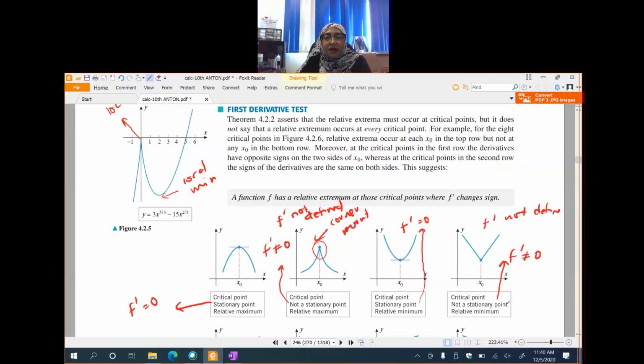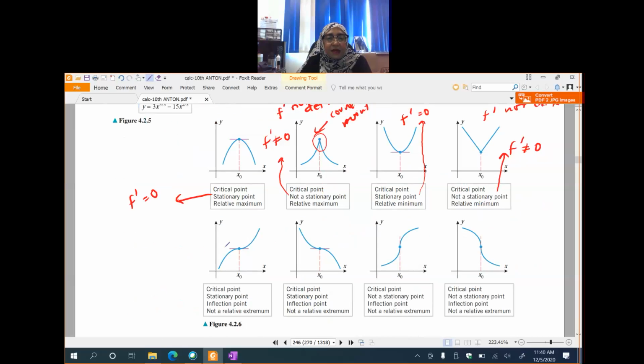And obviously it's a relative minimum. Okay, and then here is a critical point. If you check the behavior by using the table, it will be increasing and increasing again.